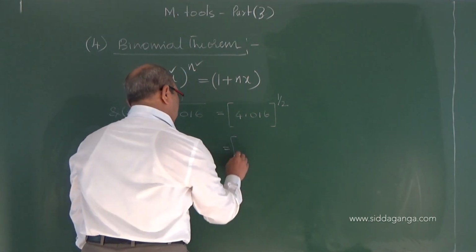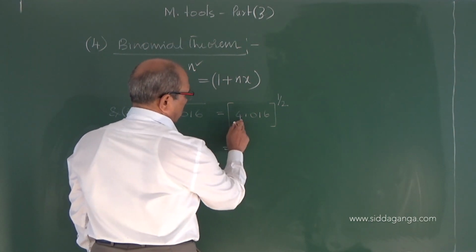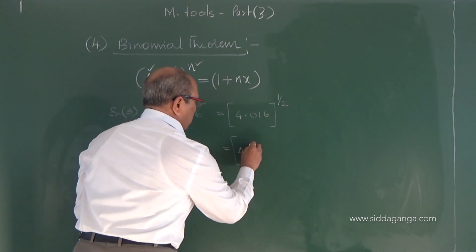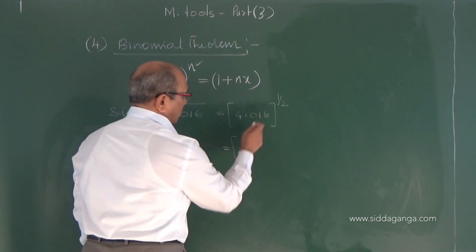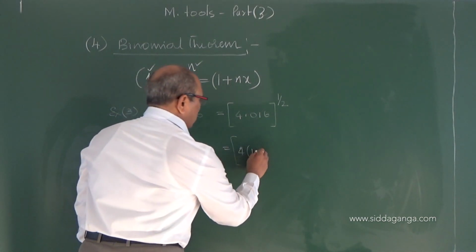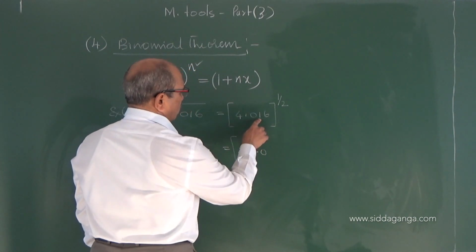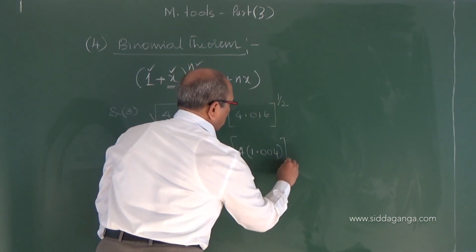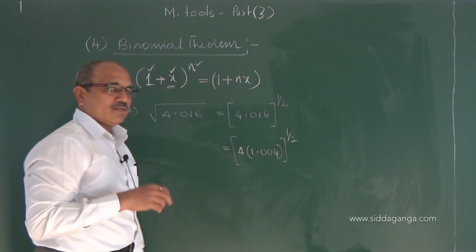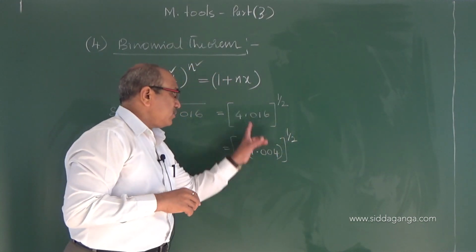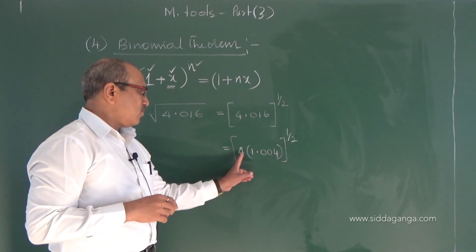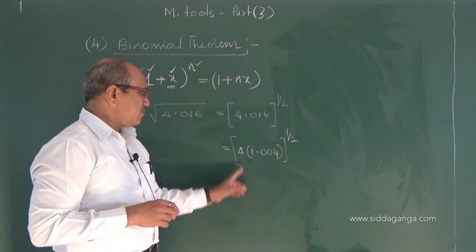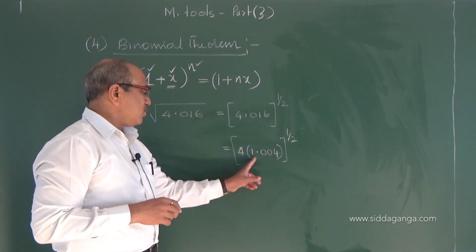Now I can write this further as, if I take 4 out, 4 into 1.004 to the power of half, equivalently dividing by 4. Am I right? If you have not followed, multiply this and you will understand: 4 into 4 is 16, 4 into 0 is 0, 4 into 1 is 4.